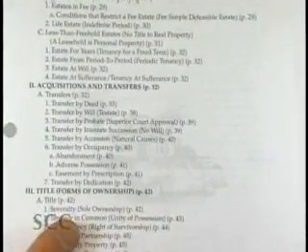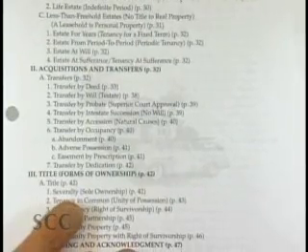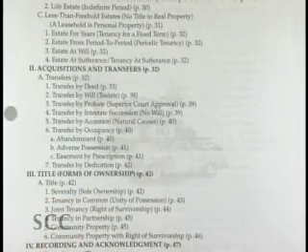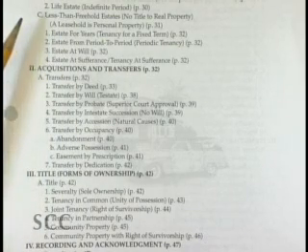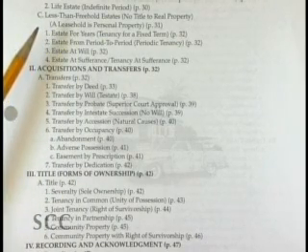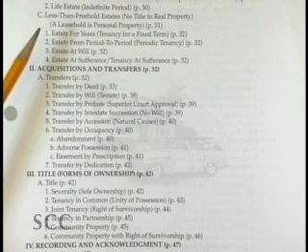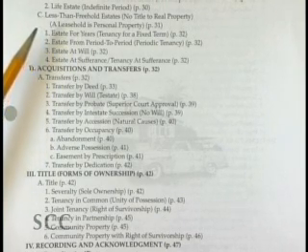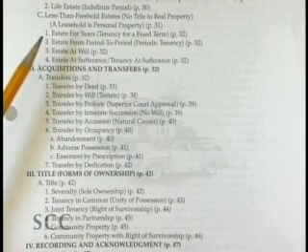We then talked about something called less than freehold estates, which are in reality rental property or personal property. And so we talked about the fact that this not only applied to a house that you may rent to somebody, or a house that you may be renting from someone on a lease agreement, or it could be a rental agreement.